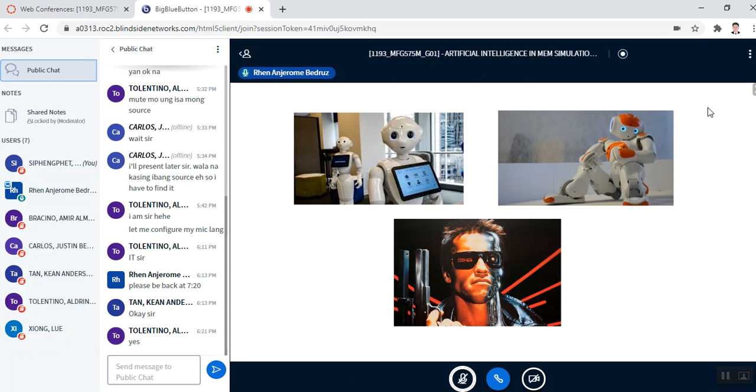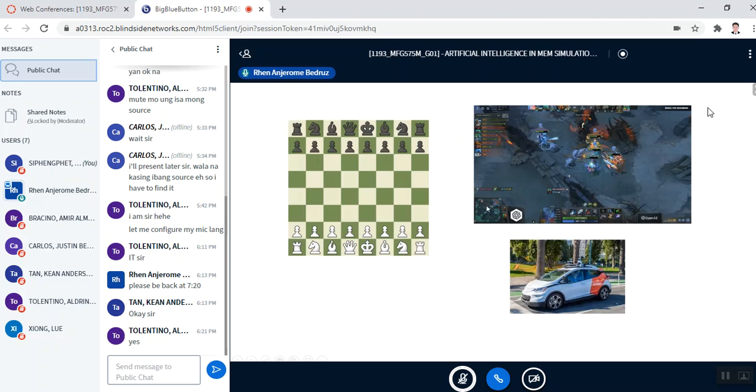It's a good movie. But the question is, is this robot really artificial intelligence? Actually, yes. But what artificial intelligence really is, is this.